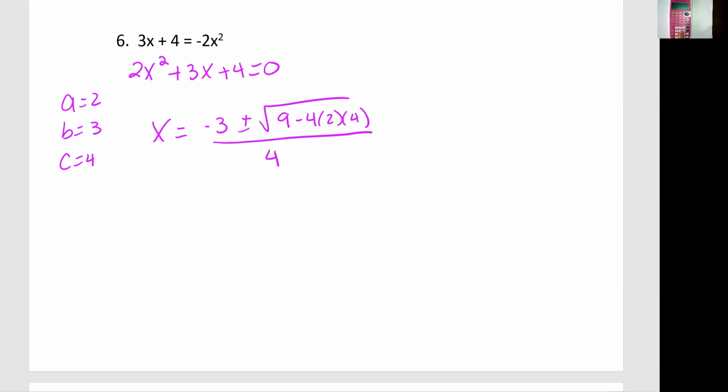Calculate the discriminant. And we have the square root of -23. So we're going to have a complex solution.